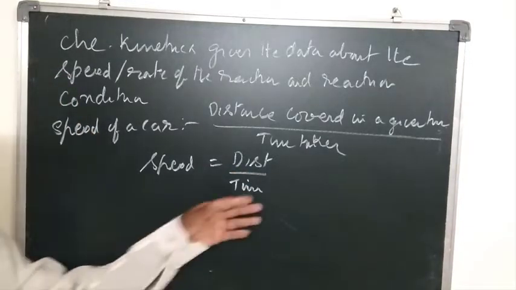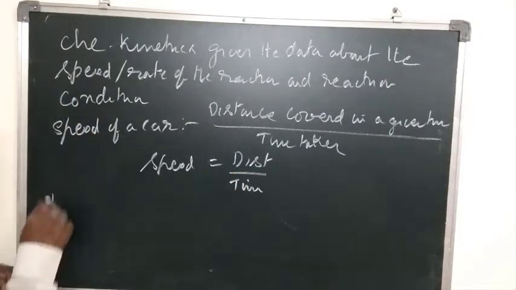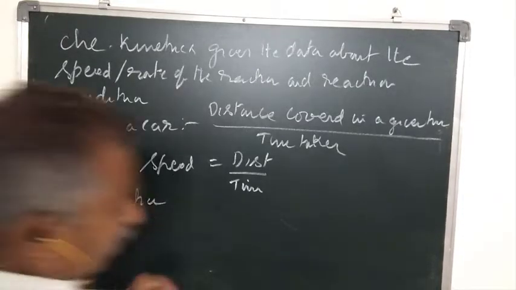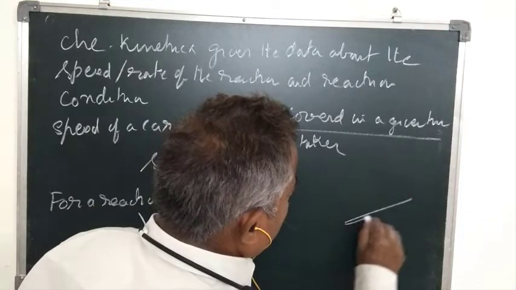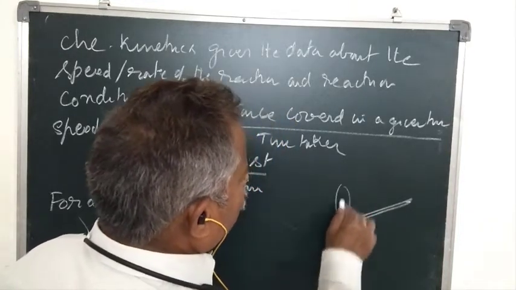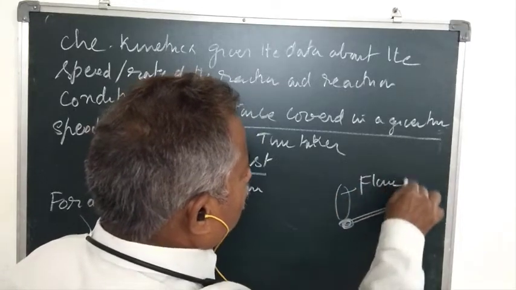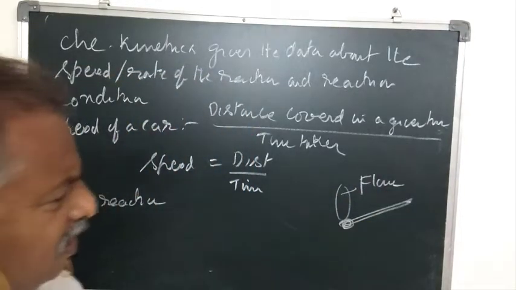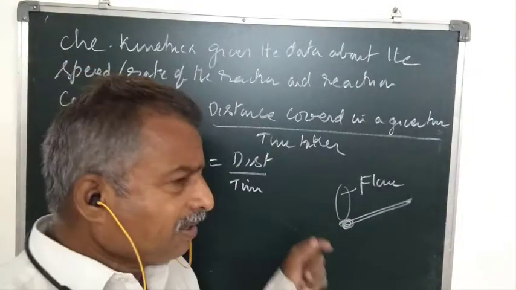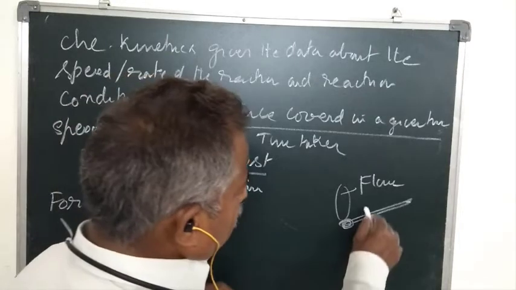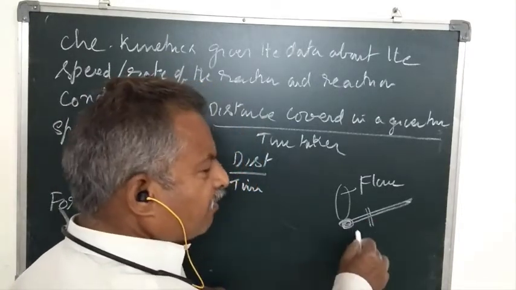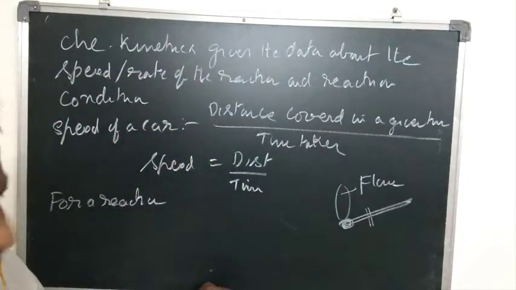Now, if we apply this to a reaction, for example, if you ignite a matchstick, a flame is observed. What happens as the flame is going on? This stick burns and finally a black substance, ash, is left.